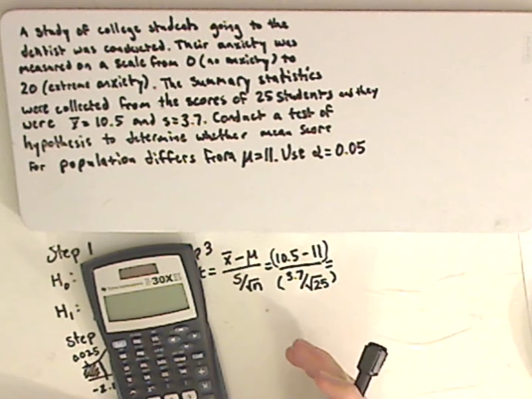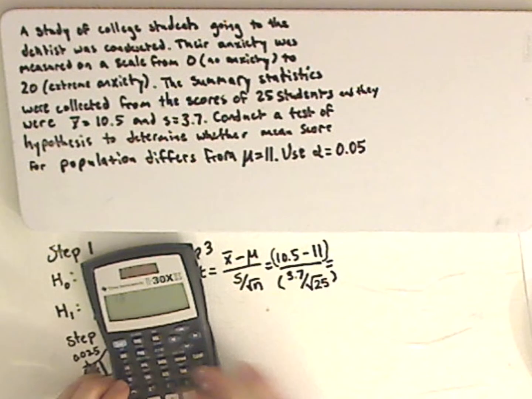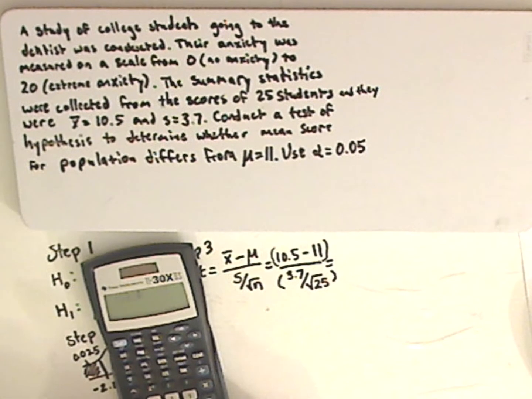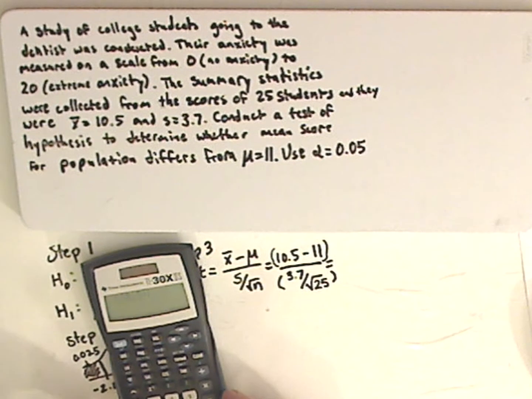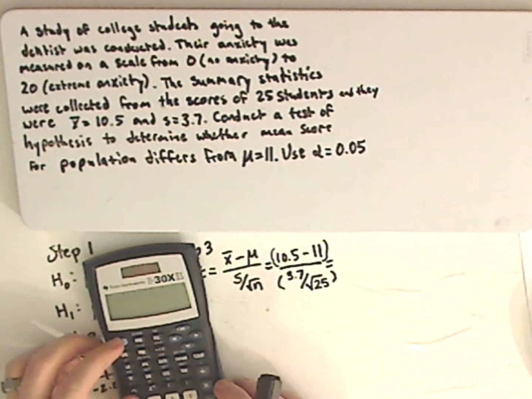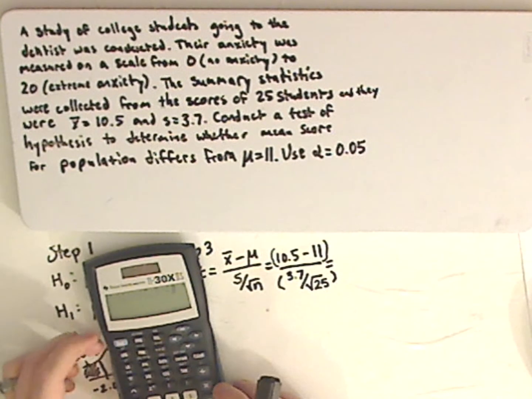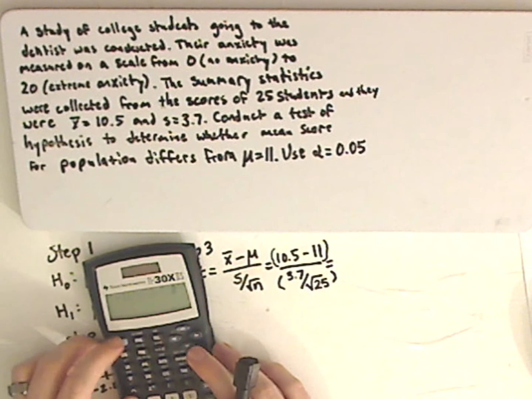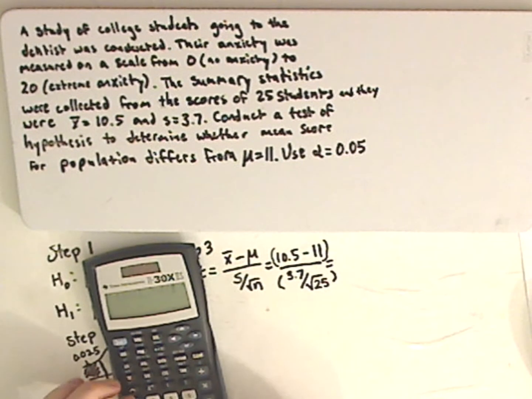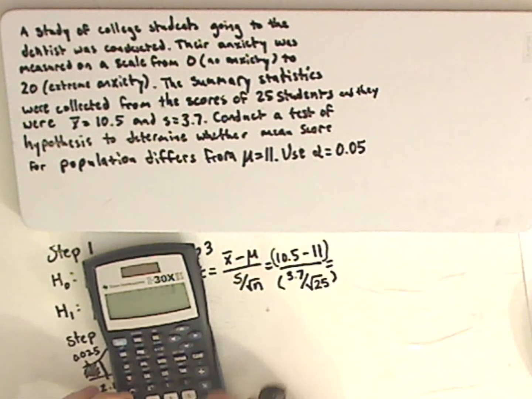So you have parentheses 10.5 minus 11, close parentheses, divided by parentheses 3.7 divided by square root of 25.